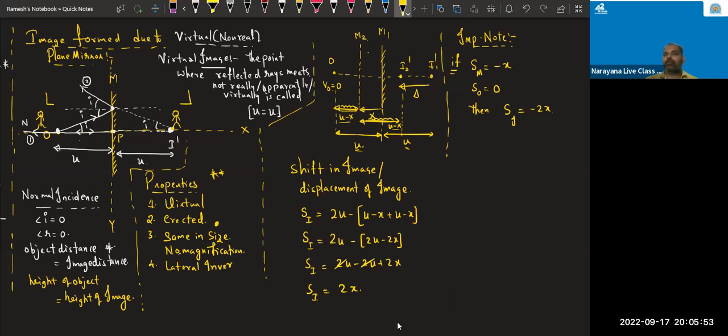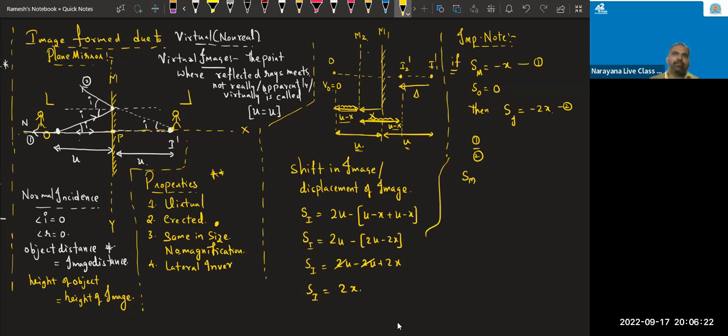You have to remember. This is equation number 1 and equation number 2. If you divide, what can you write? Displacement of mirror by displacement of image. Listen. In which direction did the mirror move? Negative x. It traveled to the left side.